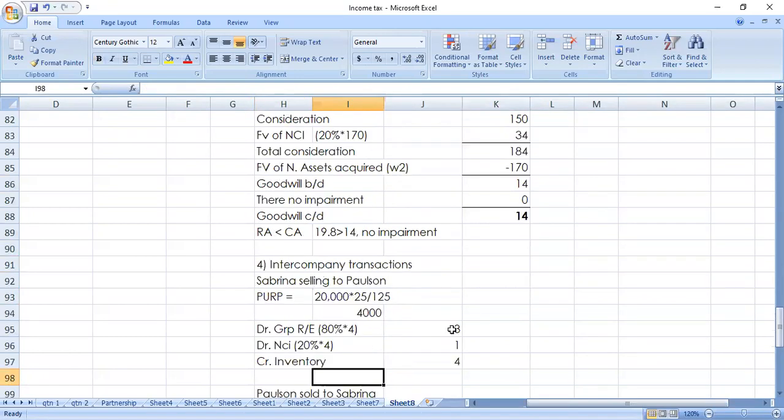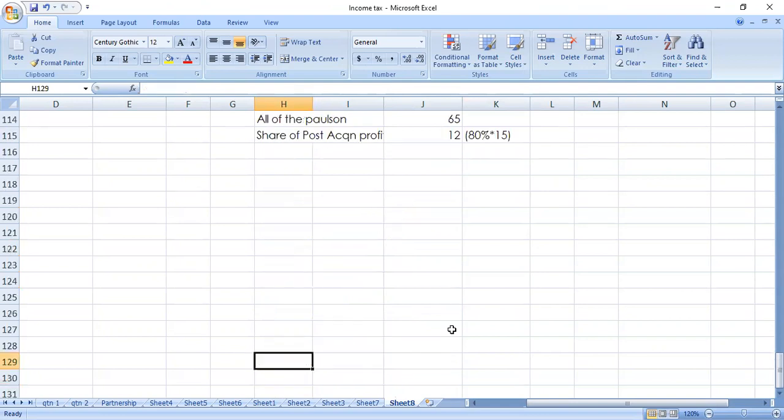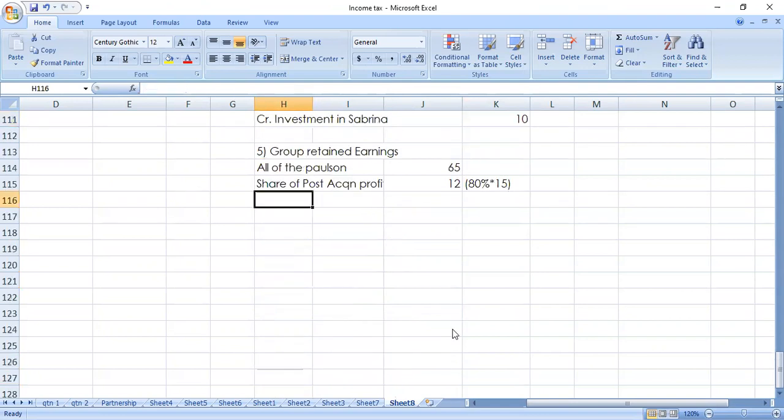Then you go to working number 4, intercompany transactions. You have unrealized profit, and as you can see, your group retained earnings was affected by a 3 and it's a debit. So you come under group retained earnings and say provision for unrealized profit, 3, but it's negative because it's a debit.